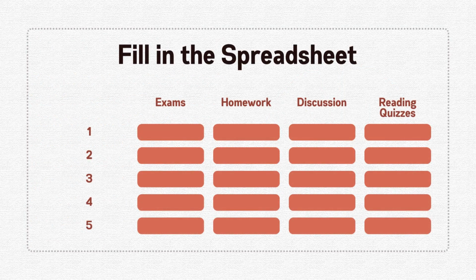So the spreadsheet that we have for you doesn't look exactly like this, but this is just a very simple version of what the spreadsheet looks like. There are different tabs for different types of assignments, things that are graded. So the components basically. You fill it in with exams and then the percentage of exams, homework, and percentage of homework, discussion, reading quizzes, everything else.